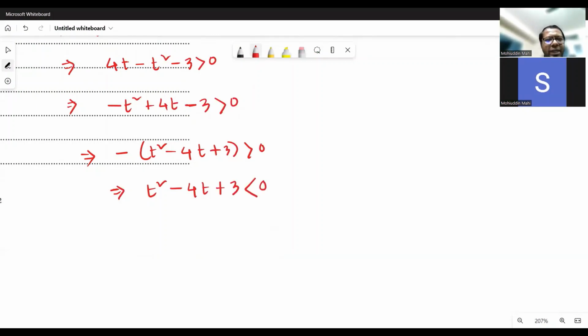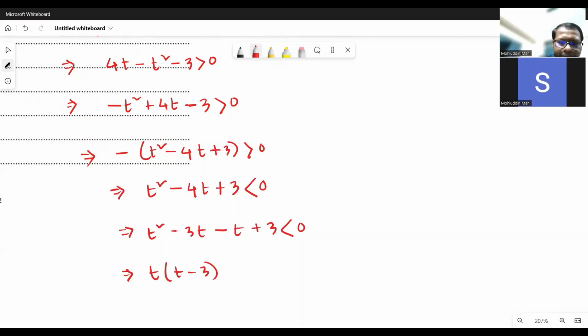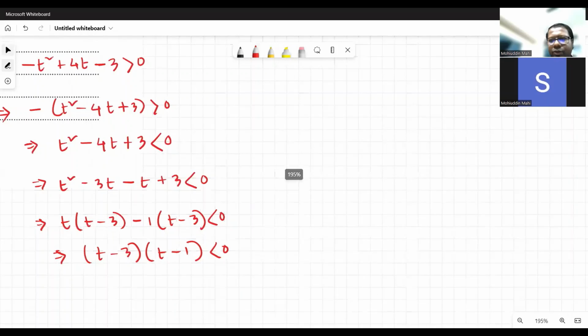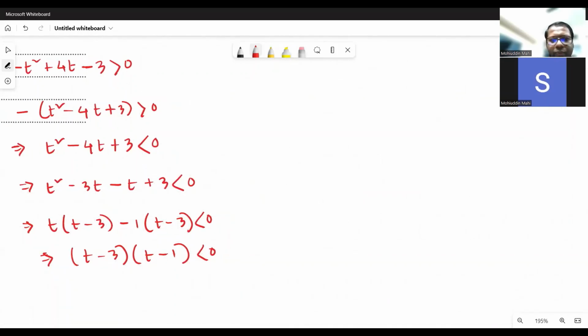When we multiply both sides of an inequality, the inequality sign is going to be changed. So that's a quadratic inequality.